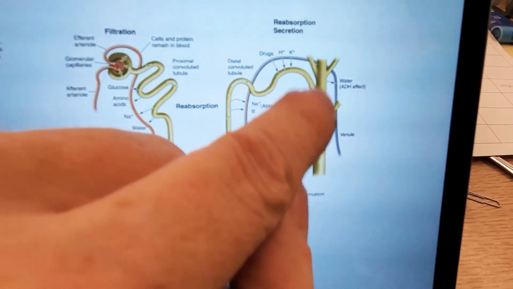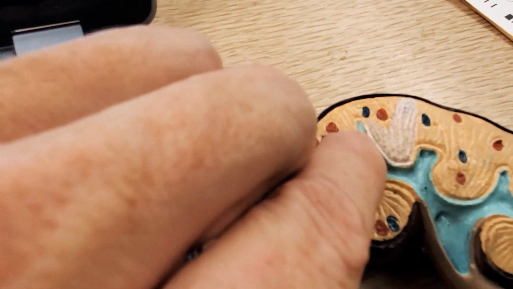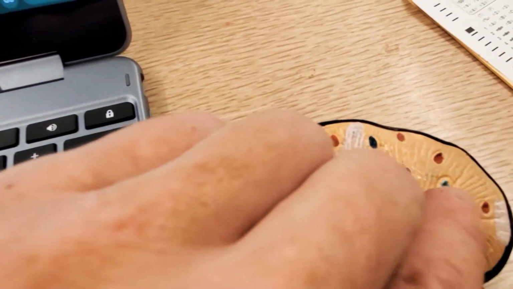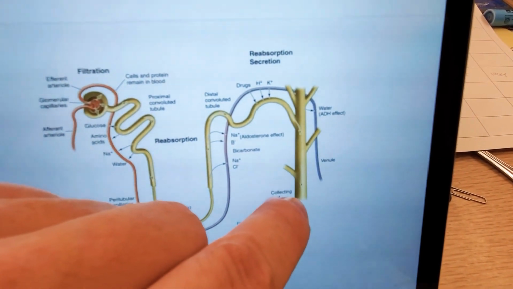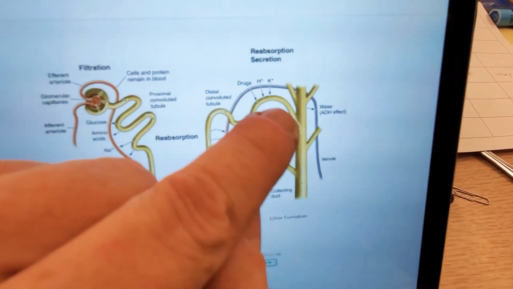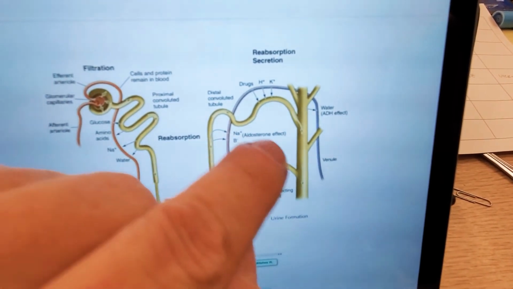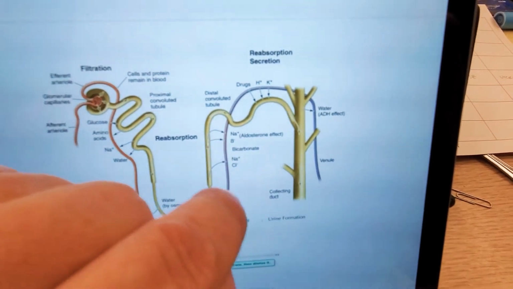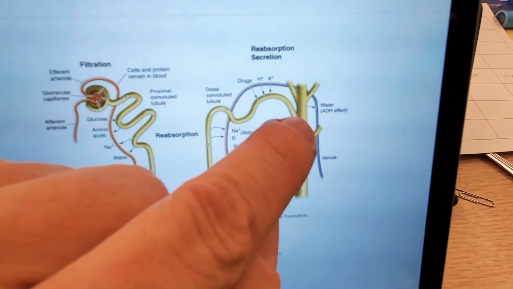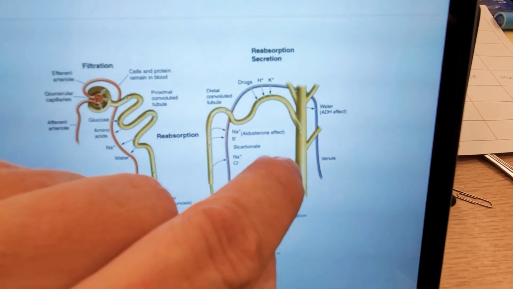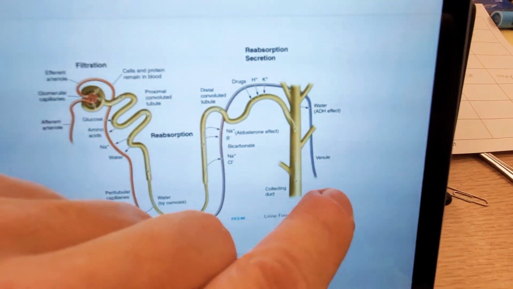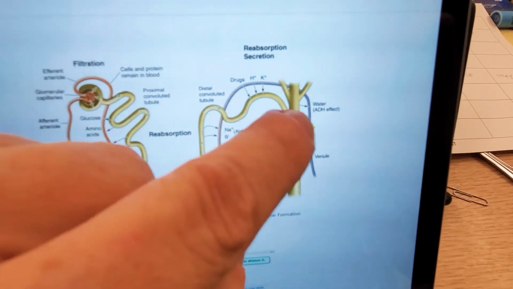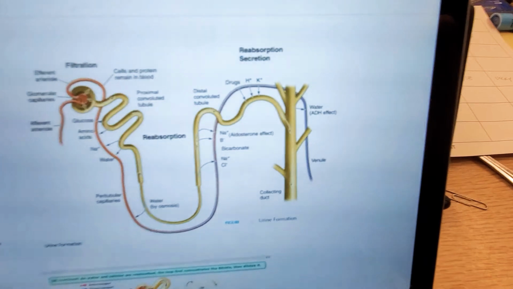And finally into the collecting duct. So this is the collecting duct, and the collecting duct leads right to the renal pelvis area. This is the final place of pee, and the collecting duct is going down again into the medulla. Remember, the medulla is all salty because we pulled out all of that sodium chloride. We pulled out all that salt. So the walls of this duct are porous, and they're controlled by a hormone, which we'll talk about tomorrow, and water moves by osmosis out of the collecting duct.